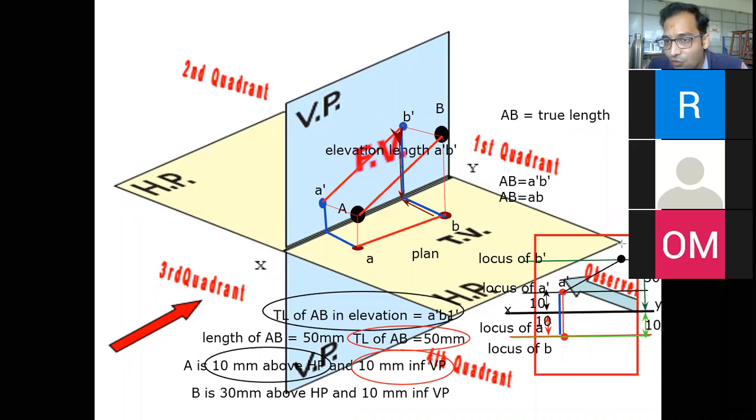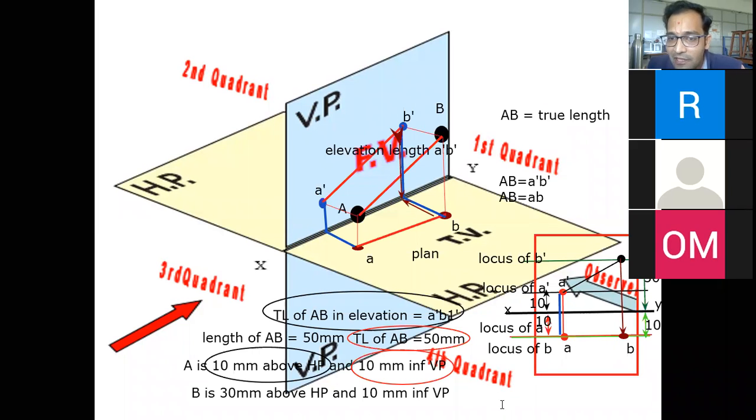So wherever we have found B1 dash, from there, if I drop a straight line in downward direction towards the locus of B, then I am going to have the position of B. Is it clear? Yes, sir. I'm just dropping that point over here to get the position of B. Okay. So here we already had A and now we have got the position of B.